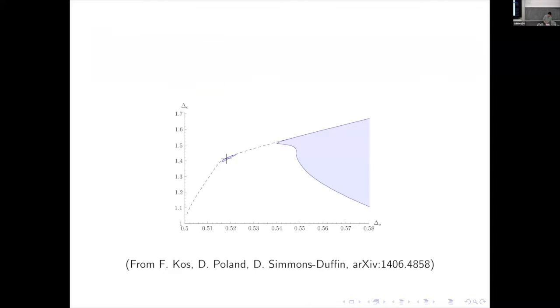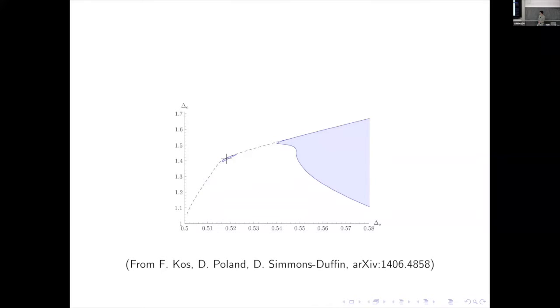Maybe the most famous plot in the numerical conformal bootstrap is this one, where instead of looking at a generic CFT, these people studied a Z2 invariant CFT and looked at all 4-point functions, including the lowest dimensional Z2 odd scalar, which is sigma, and the Z2 even scalar, which is epsilon.